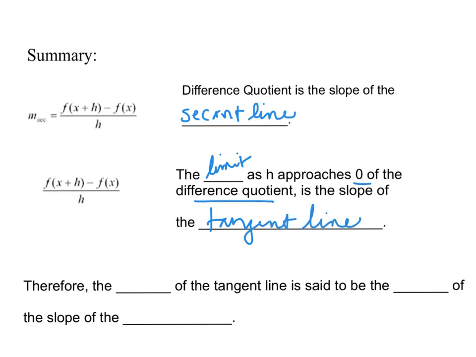And you need to write these down in your notes. Therefore, the slope of the tangent line is said to be the limit of the slope of the secant line.